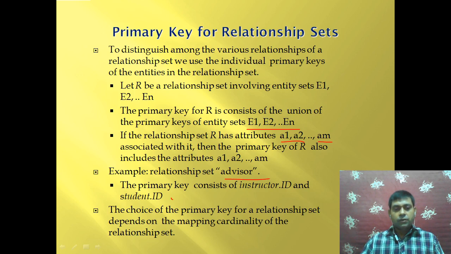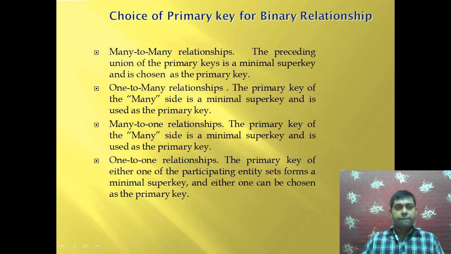Okay. The choice of the primary key for a relationship set depends on the mapping cardinality of the relationship set. That's it. Now, who chooses the primary key? That depends on the database administrator, programmer, or whoever is responsible for maintaining the database; they take the decision on which one will be the primary key.